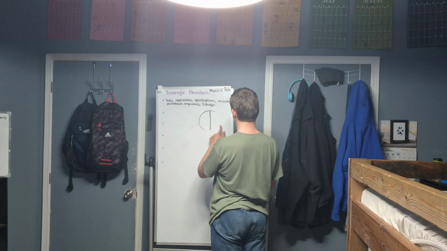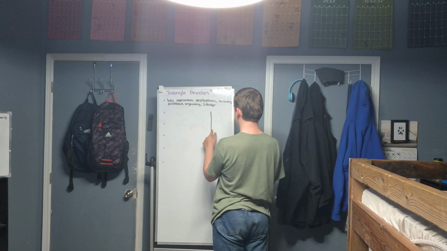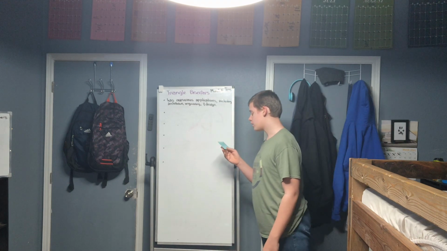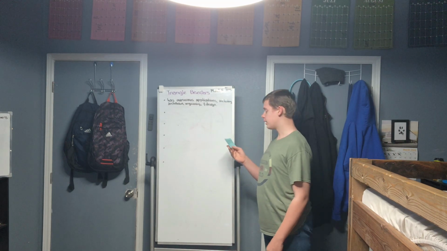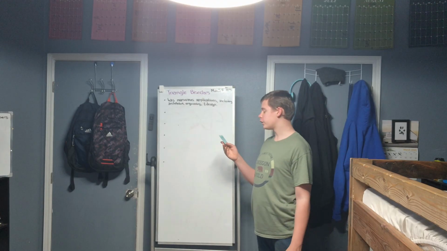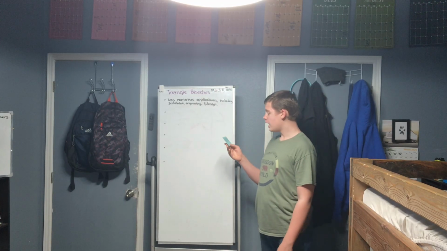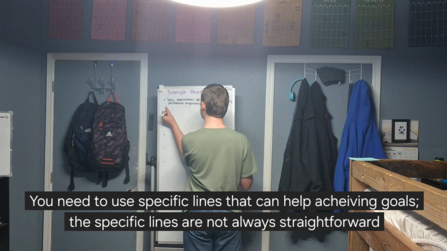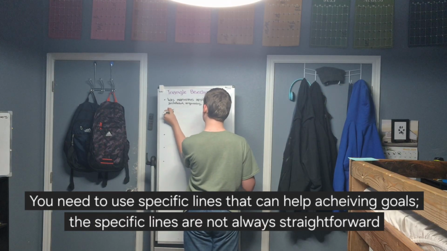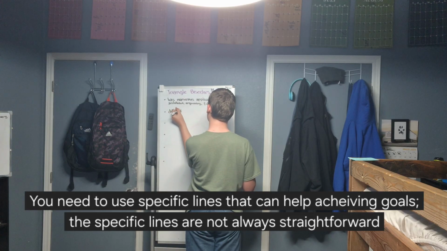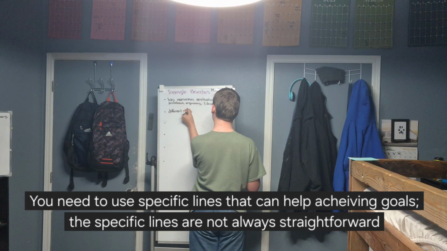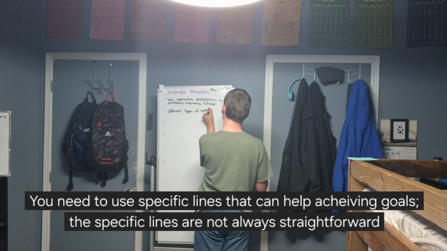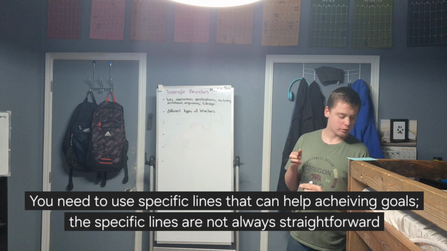I'm going to erase this pizza circle. You need to use specific lines. Okay, these lines are called bisectors, and they come in different types. So there are different types of bisectors. And what else did it say?